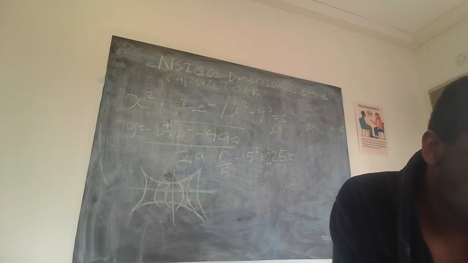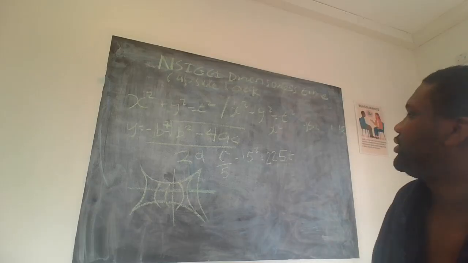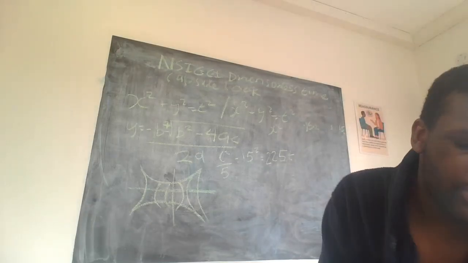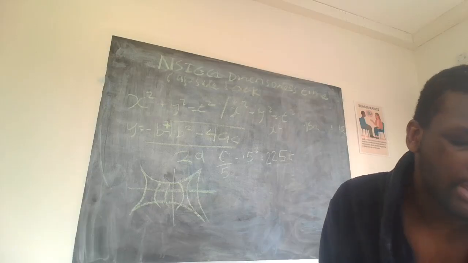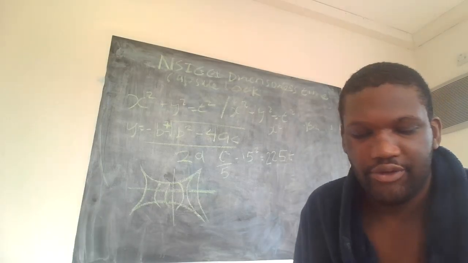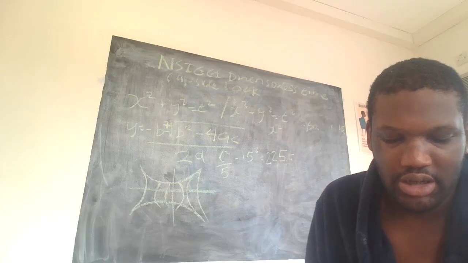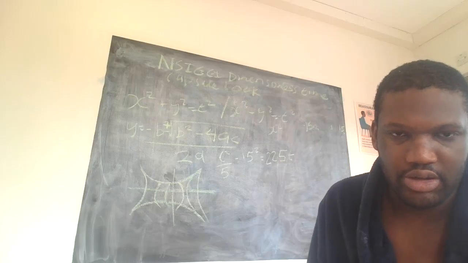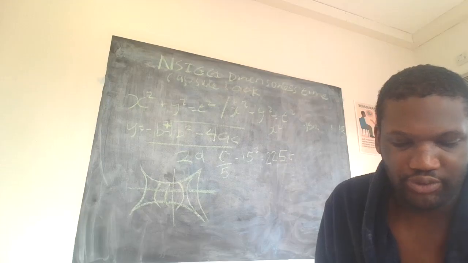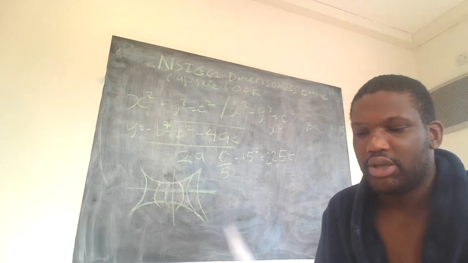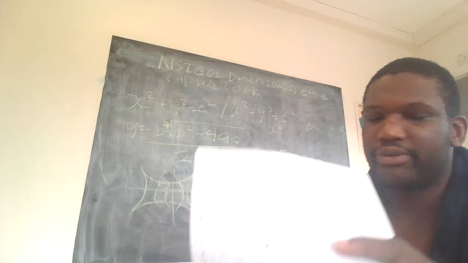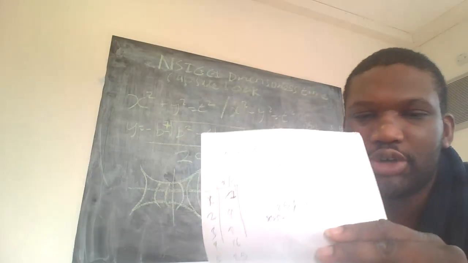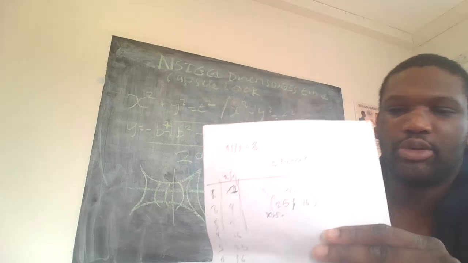So you get 25 comma 16, which basically means that when x is 5 and y is 4, you have the area 25, 16.